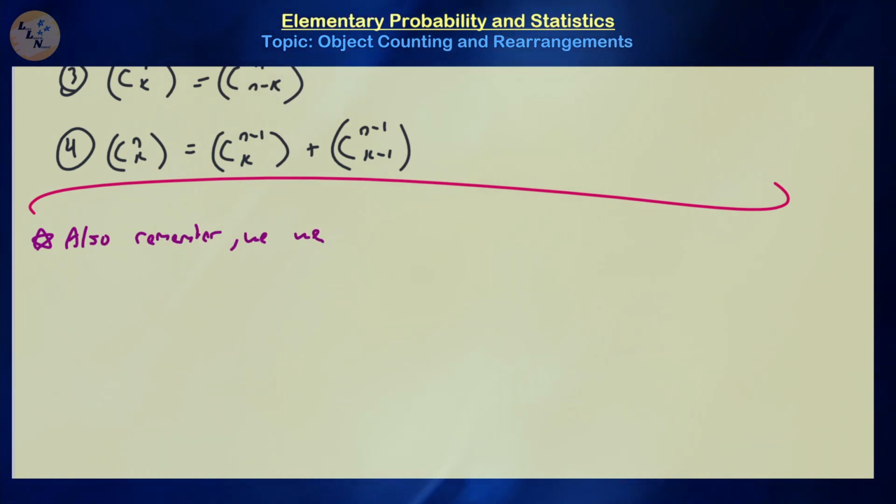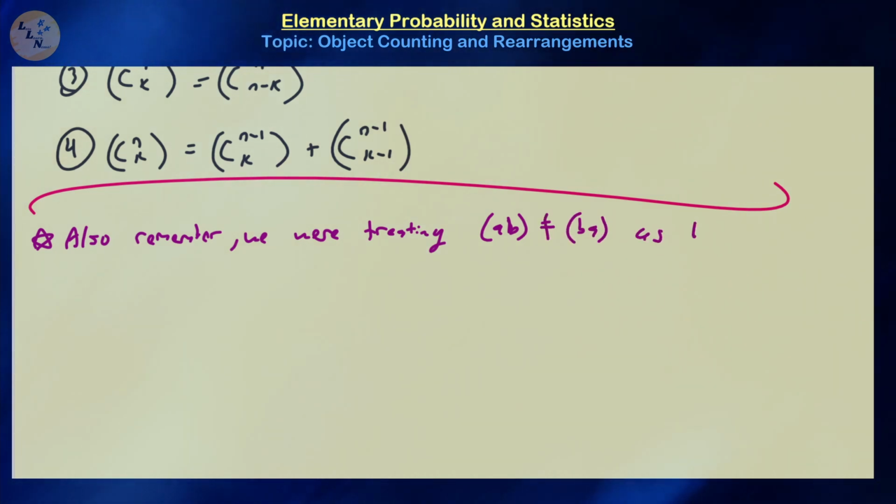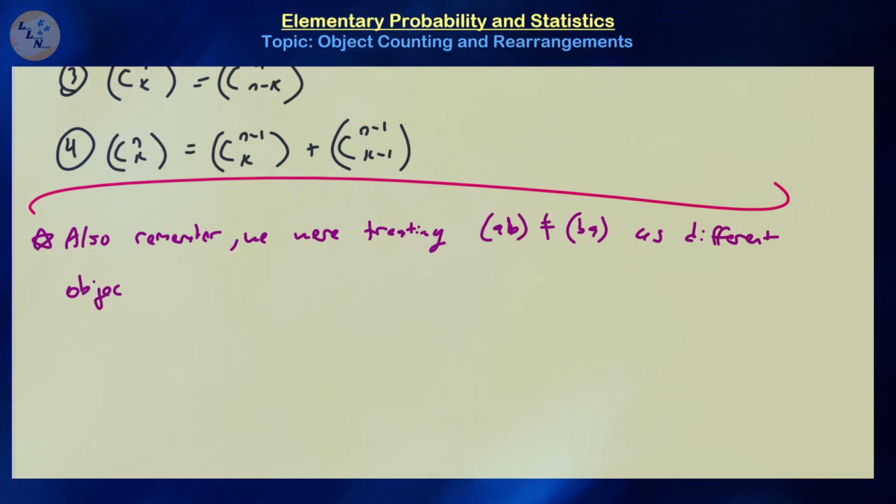So also remember, before we get too far off, we were treating the pair AB and BA as different pairings, as different object pairs. How does this tie into combinations? Well, combinations treat these as equal.